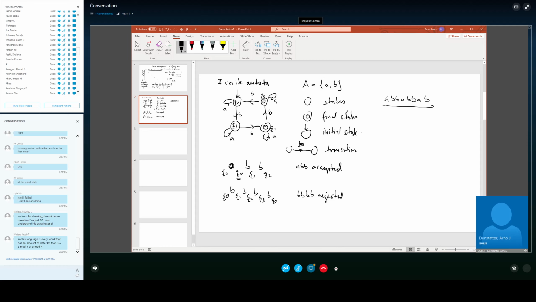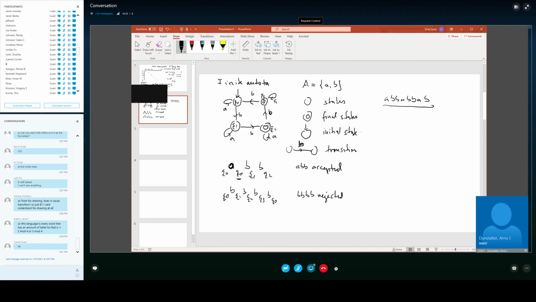Can anybody give me a description in English that describes all the words that are accepted, that basically go from the state Q0 to one of those two? It has to end in either B or BA.